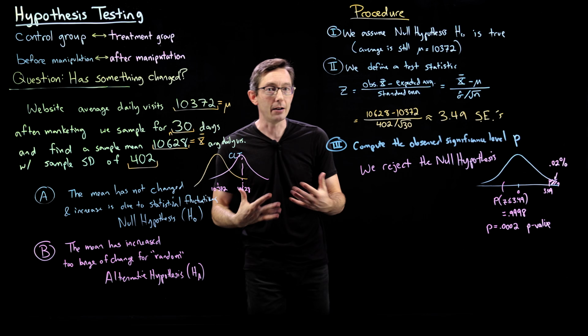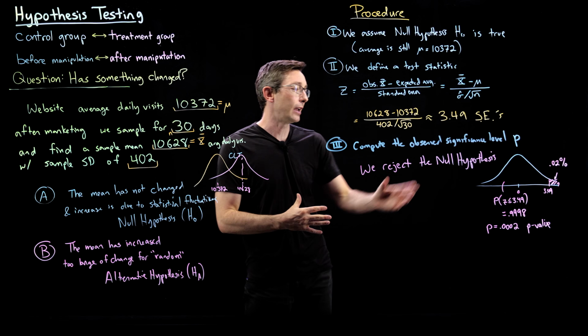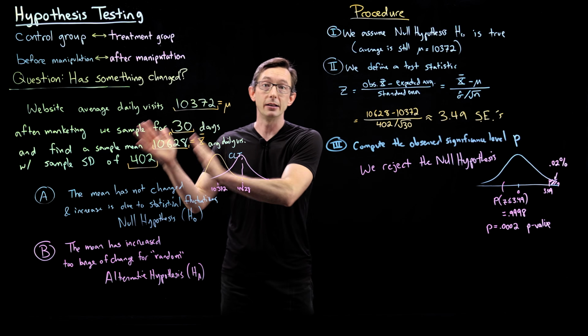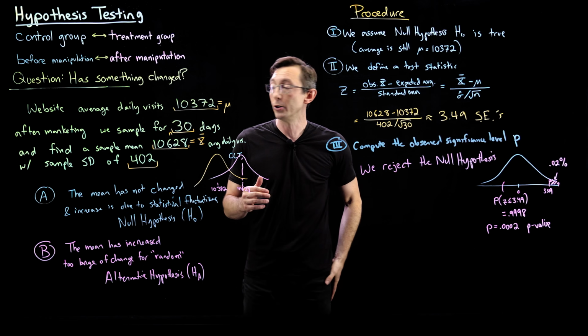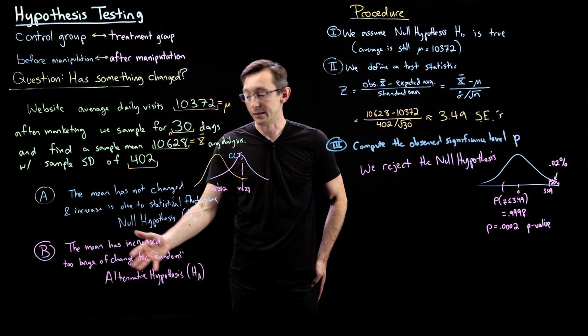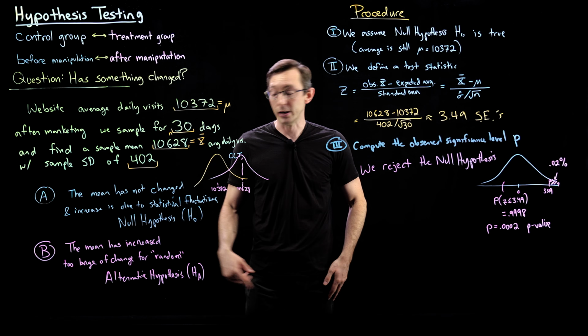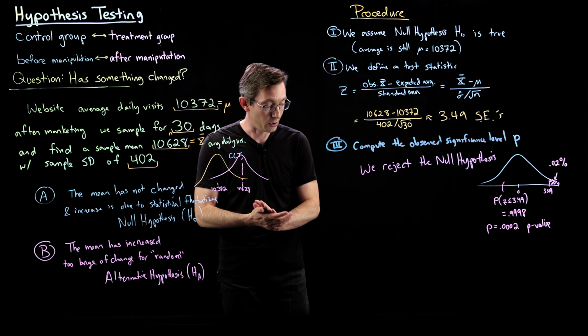So that's the power of hypothesis testing, is that you can put a number to how likely some hypothesis is. There is a 0.02% chance that the null hypothesis is true, and a 99.98% chance that the alternative hypothesis is true. Okay, good.